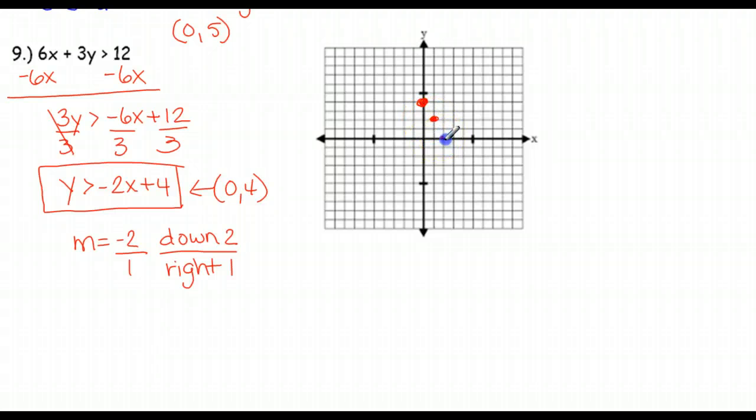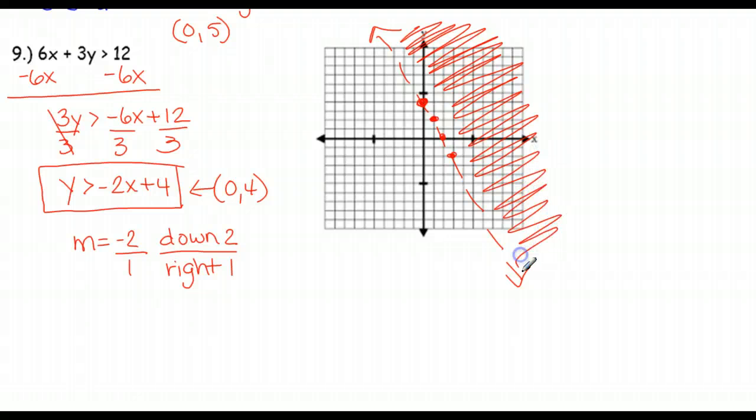And then we are going to again draw a dashed line going through our points. And we want to shade values that are greater than, so that's above or to the right of our line. And that's all there is to graphing linear inequalities with 2 variables.